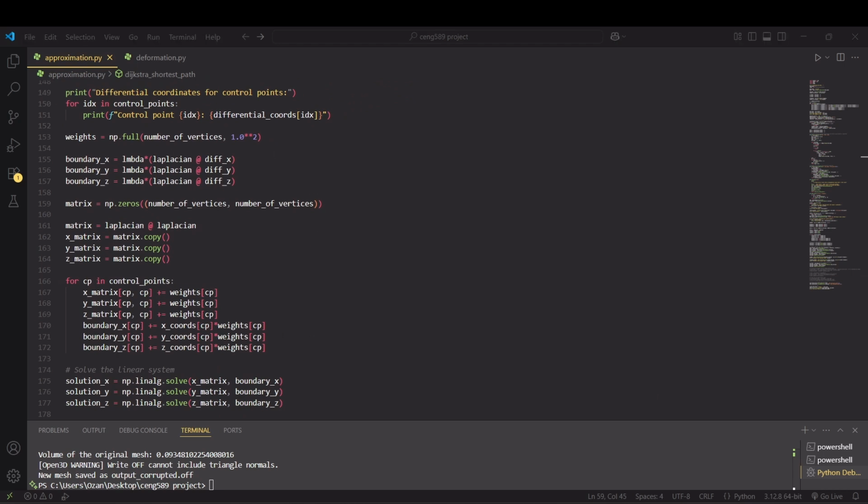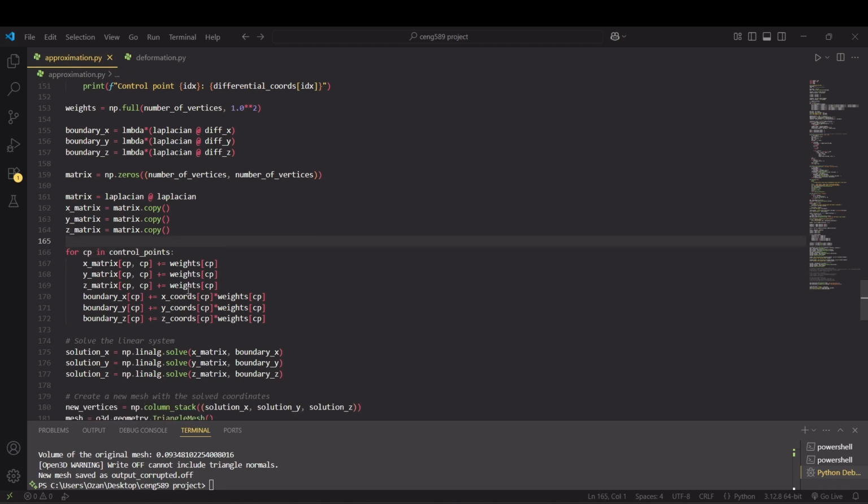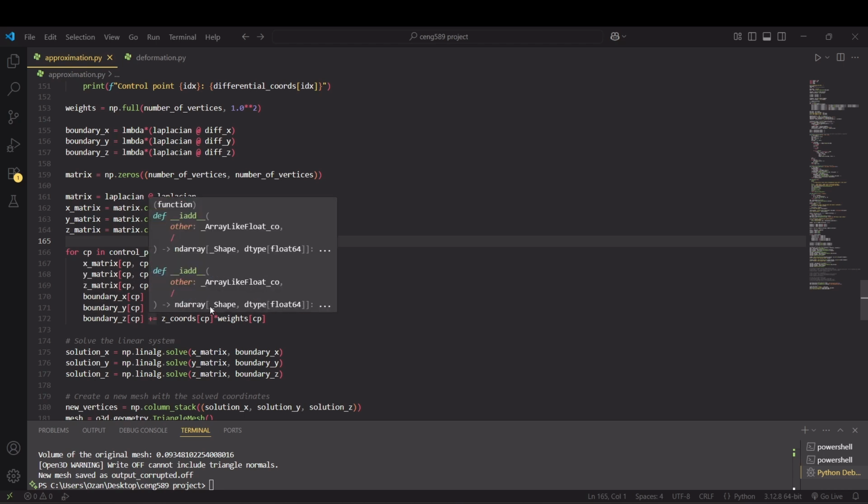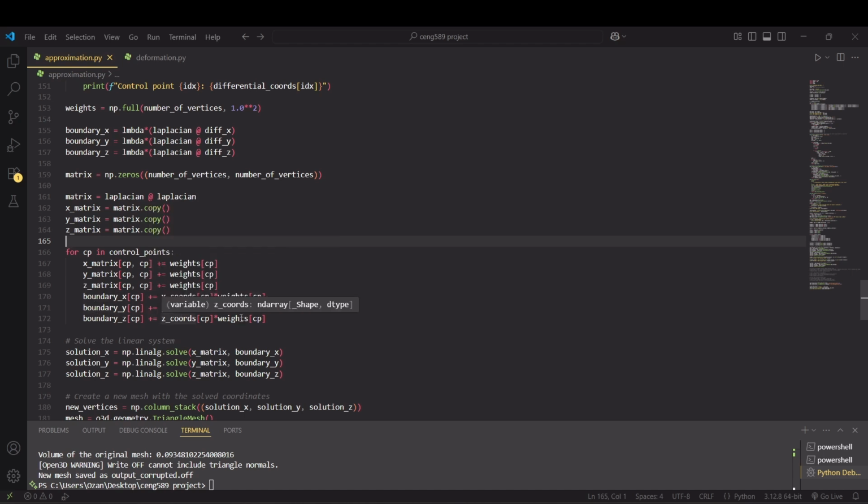So let's look at the core of the approach. After minimizing the least squares equation, we get the boundary vector as lambda times Laplacian times differential coordinates for x, y, and z separately. We get the system matrix as Laplacian times Laplacian, and for control points, we add weights to the diagonal entries of the system matrix, and we add x coordinates times weight for boundary x, y coordinates times weight for boundary y, and z coordinates times weight for boundary z.